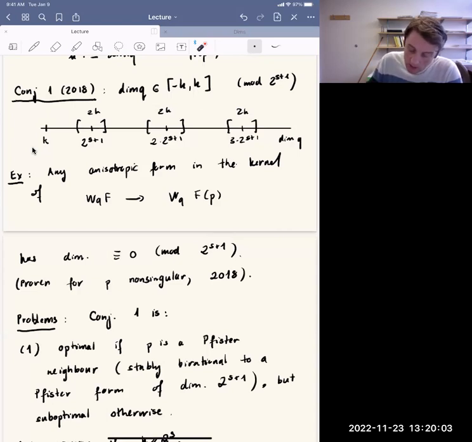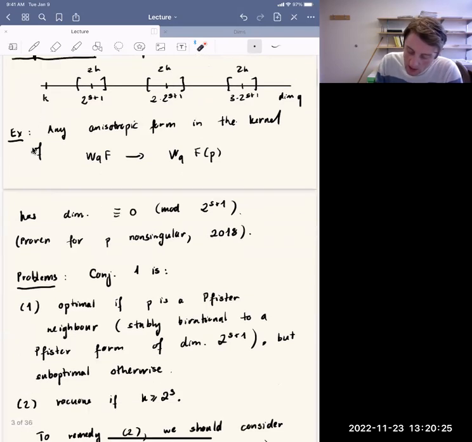And this involves some invariants of the form P, which are not defined in the general case. But when you analyze the contribution from the invariants which are defined in the general case, you end up with a refinement of this statement, which should be true for all forms Q and all forms P. And this is exactly the generalization of this conjecture that we're looking for.